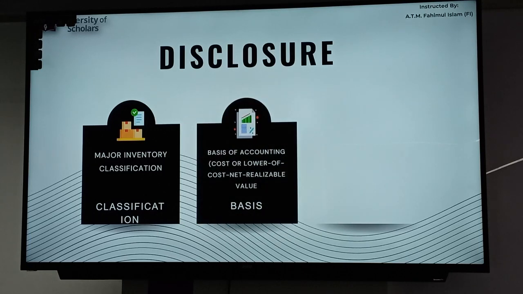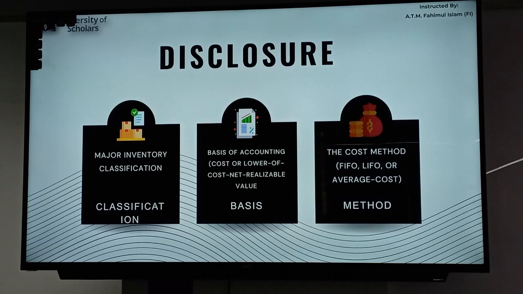Then, the basis of accounting should be mentioned. Did we choose cost or did we choose lower of cost to net realizable value? Which method did we use in calculating the inventories? We must disclose that in the notes of our financial statements. And finally, we have to mention the cost method.